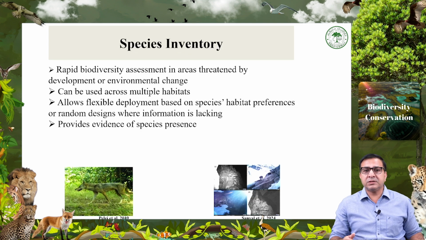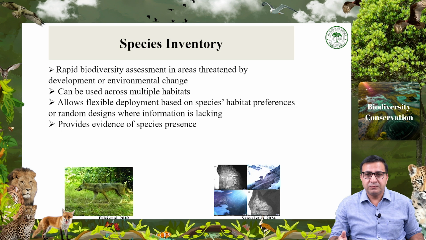Camera traps are an essential tool for conducting species inventories, and they also help us do rapid biodiversity assessments in areas that are threatened by different types of development or prone to environmental change.